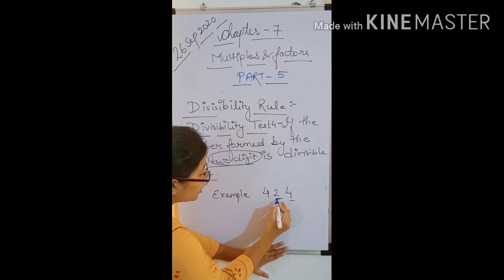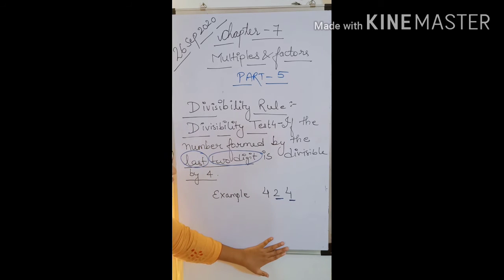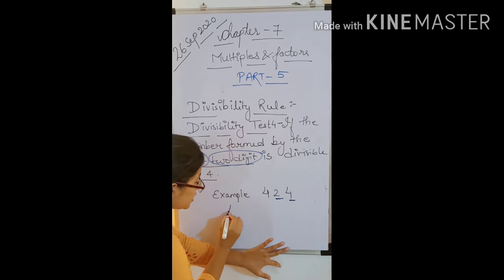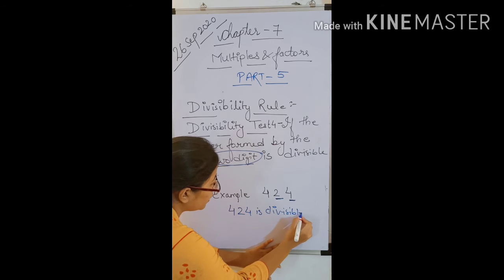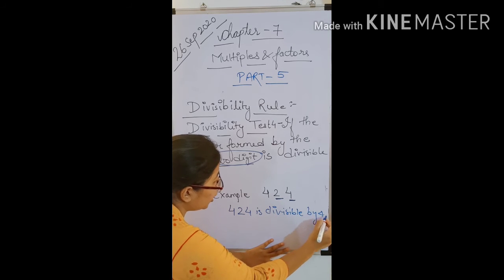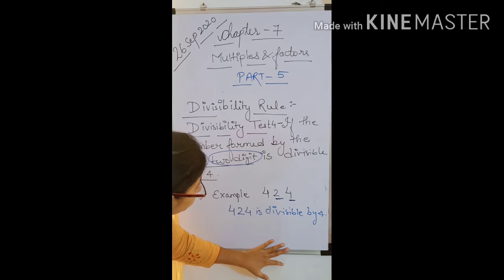So the last 2 digit number is 24. And we know very well that 4 sixes are 24. So this 24 is divisible by 4. So it means that 424 is divisible by 4.